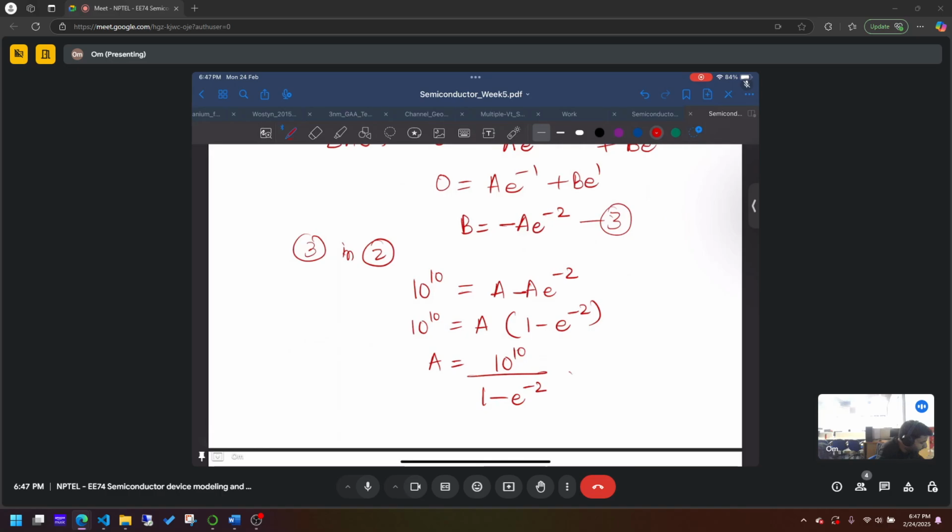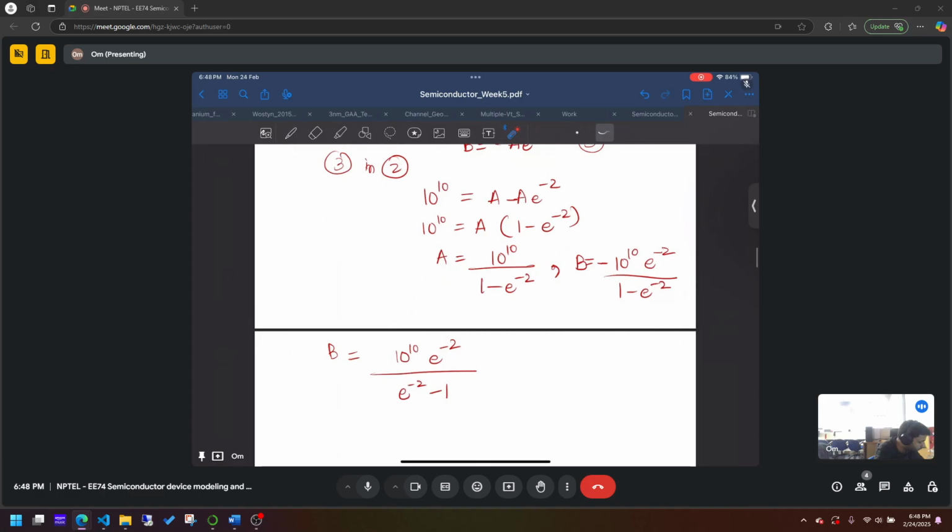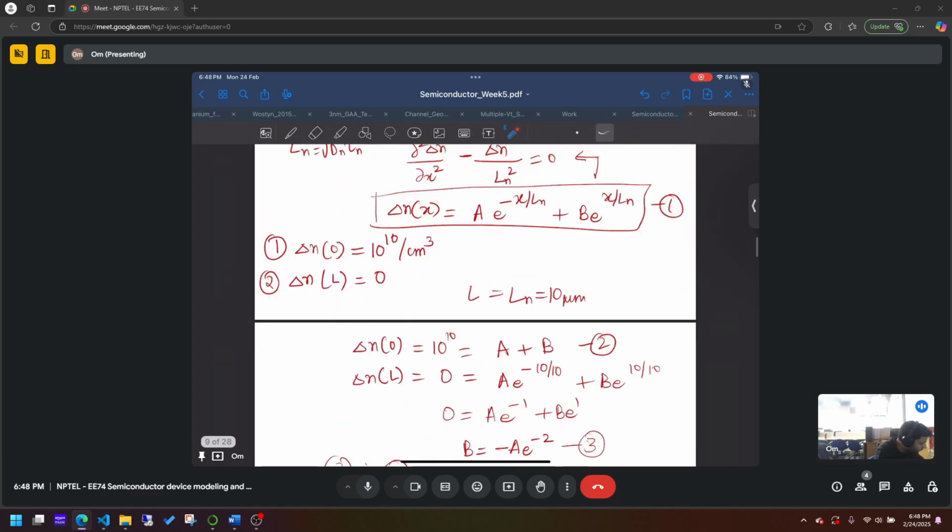Similarly, from equation 3, b is minus a e to the power minus 2, so b is minus 10 to the power 10 e to the power minus 2 upon 1 minus e to the power minus 2, or we can rewrite b as 10 to the power 10 e to the power minus 2 upon e to the power minus 2 minus 1, by taking this minus in here.